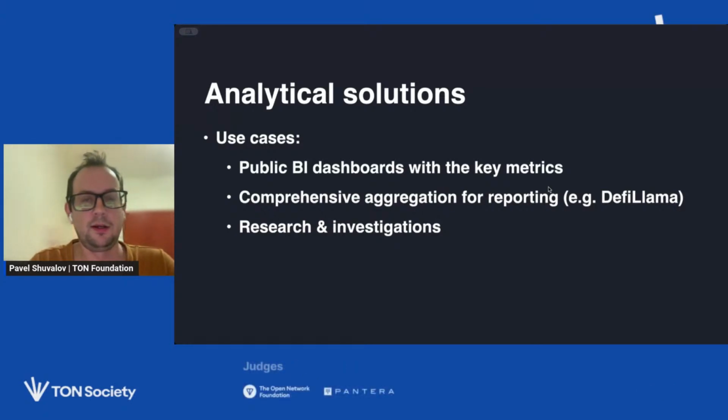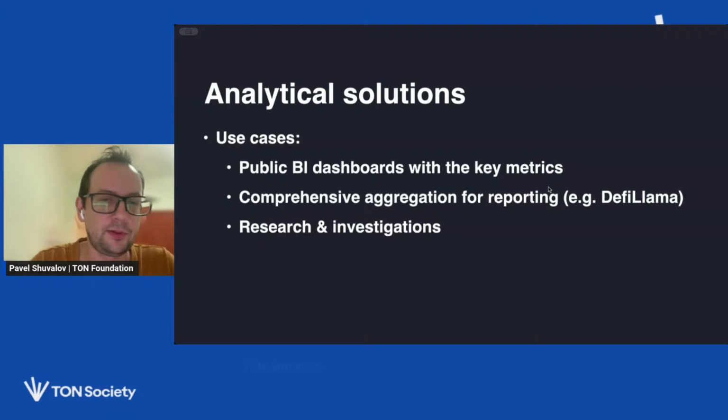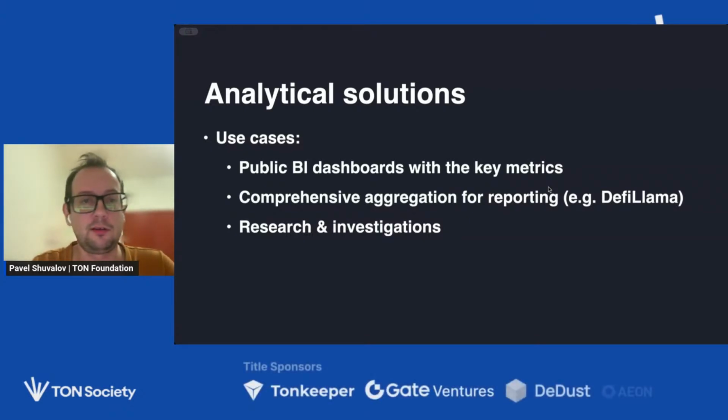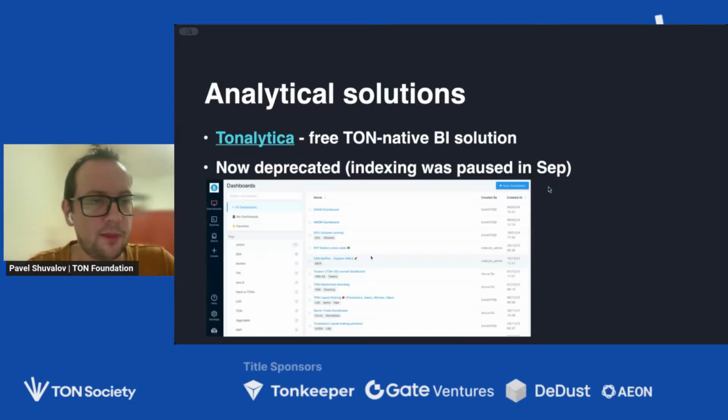For example, to build dashboards, to highlight some important metrics for your product, to perform investigations, and to build comprehensive metrics calculations. For example, some projects are using Dune to calculate volume and report it to DeFi Llama.